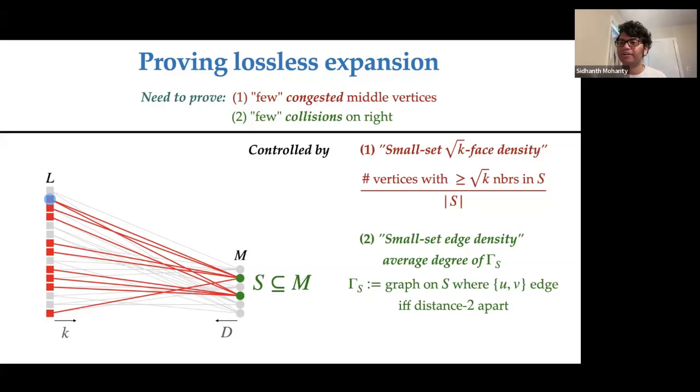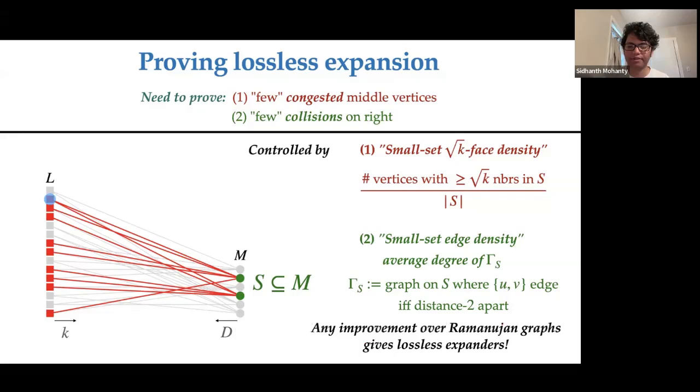Okay, so if I can control these two quantities, then it actually implies control over the combinatorial quantities I would need to handle to prove lossless expansion. And again, I won't tell you the exact quantitative bounds that one would need to show on number 1 and number 2. But let me just say two things.